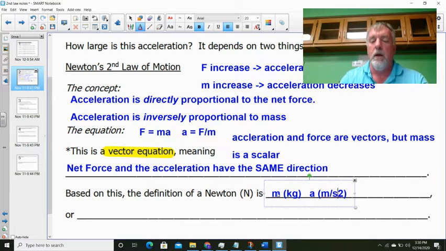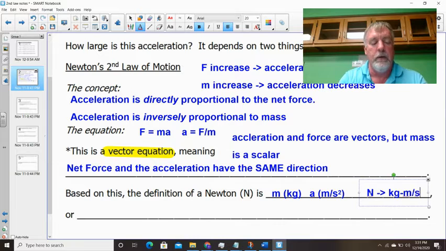So if we look at what the units are for a Newton, it's kilogram meters per second squared.